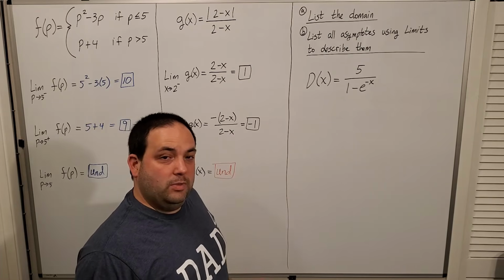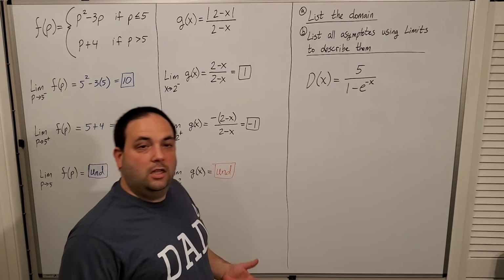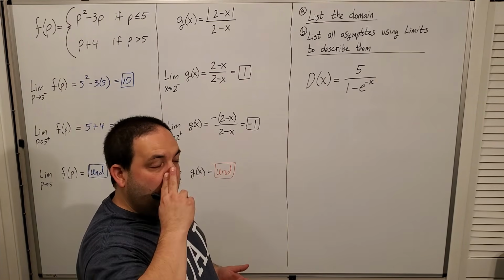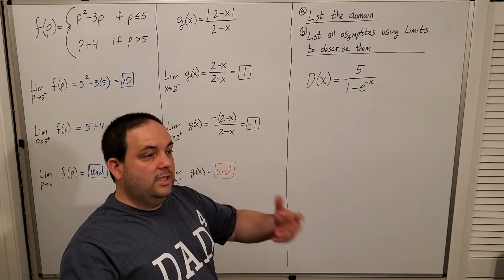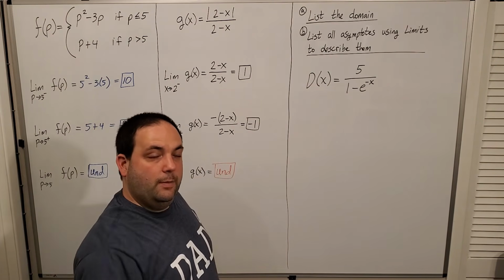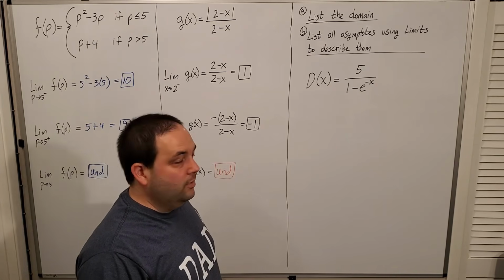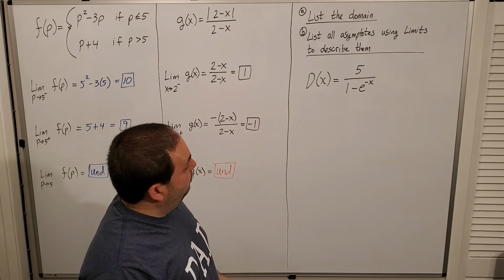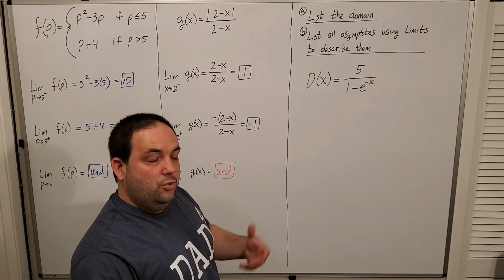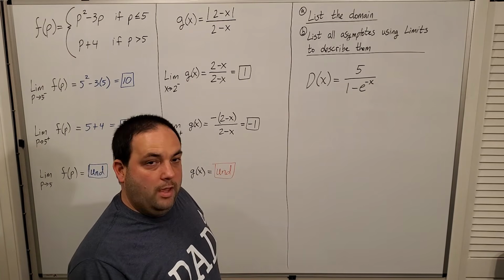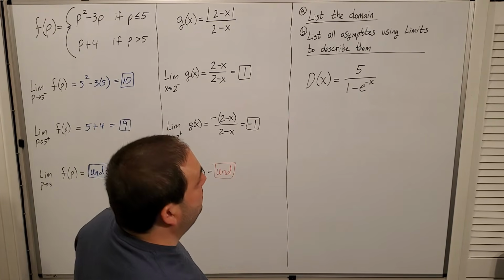You've probably hit asymptotes in other classes, college algebra, trigonometry, and things like that. A lot of times you just list the values: the asymptote happens at such and such value. Here in calculus, we want to actually use our limit language to describe the asymptote. And so that's what we're going to do here.